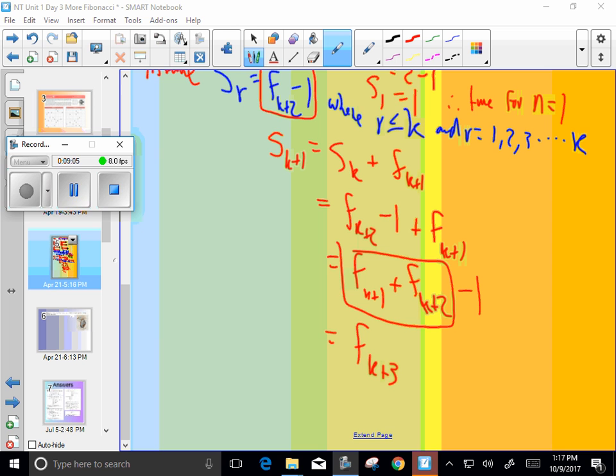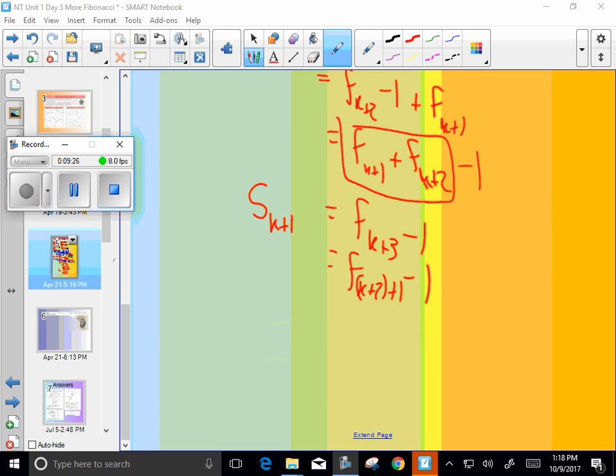Isn't that what's happening here? So this is equal to the sum of K plus 1, which is F of K plus 3 minus 1. Did we prove it? It's the next one. Isn't that amazing?